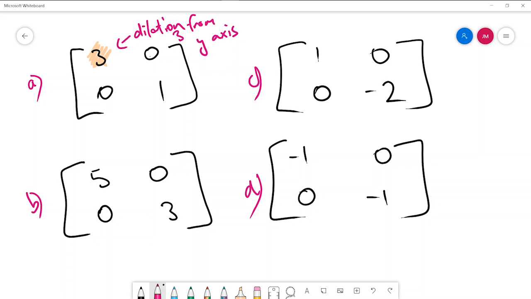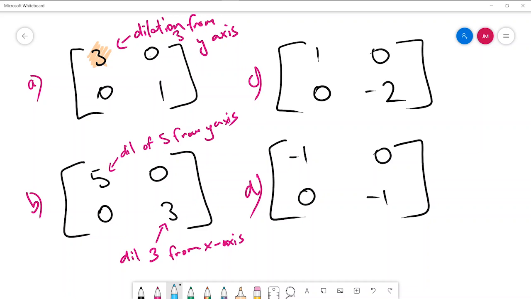Looking at part B, same thing here. I'm going to have a dilation of 5 from the y-axis. And the 3 is going to be multiplying my y, so it is a dilation 3 from the x-axis. Looking at question C, I've got a 1 up the top here, so that stays the same. Down the bottom here, I've got a negative and a 2.